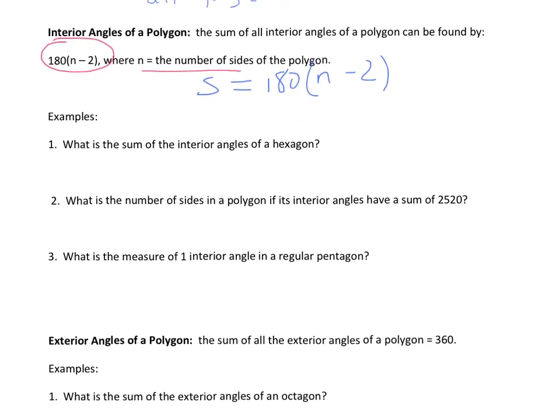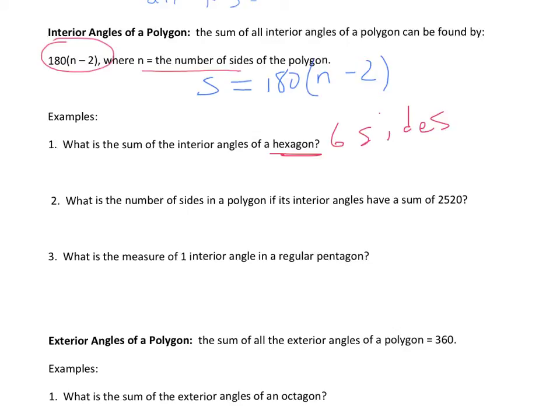What is the sum of the interior angles of a hexagon? So a hexagon we need to know has 6 sides. And we're trying to find the sum, so that means we're going to plug 6 in for n.